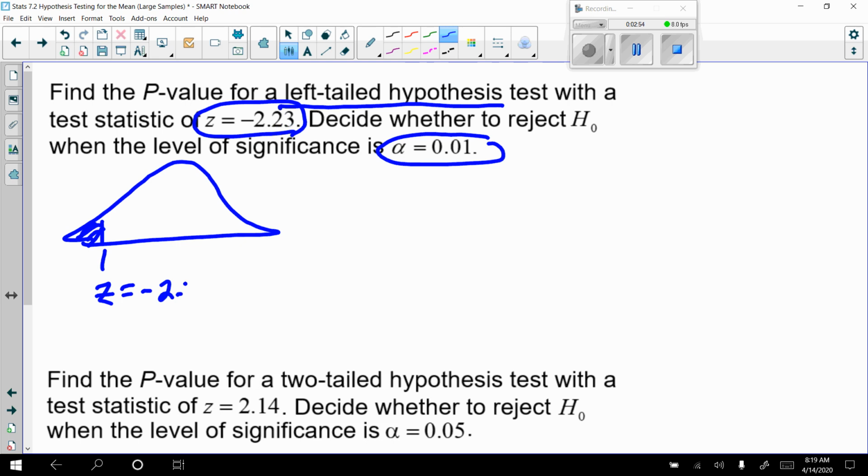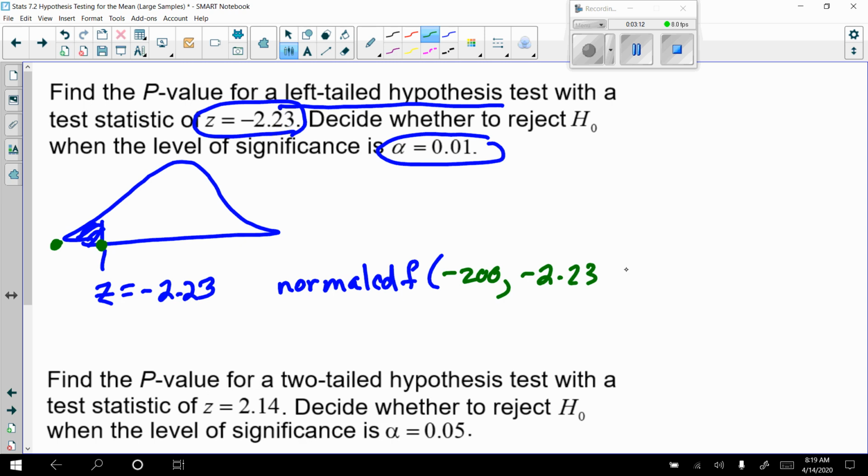The z-score is -2.23. That means when we do normal CDF from -200, way over here on the left side, to -2.23, this point on the right side of the shaded region, that's going to spit out our p-value.